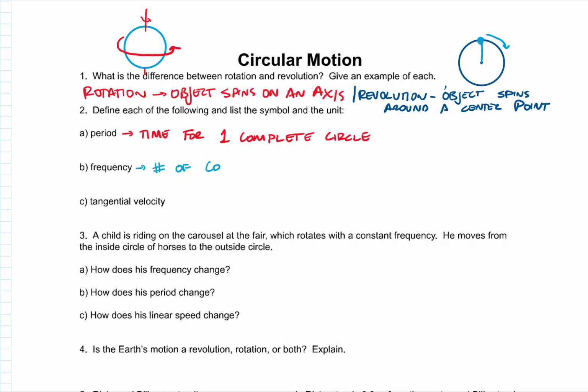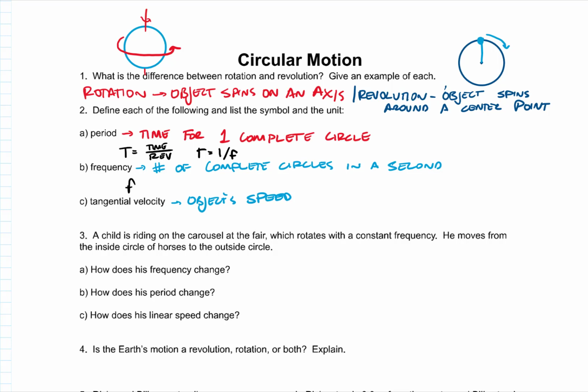Frequency is the number of complete revolutions or complete circles in a second. And then tangential velocity is just the object's speed, how fast it's going. So period, we use a T for, and that's going to be time per revolution. We use a capital T because it's an important time.